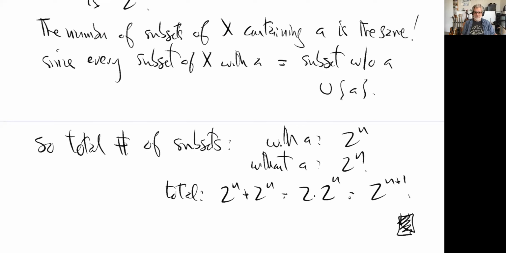Hopefully that makes sense. All right, good. So the power set contains 2 power n elements, and this is true for any number of elements 0 and up. So that's my first example. The induction part is always the same, but there might be some special argument necessary inside the proof.